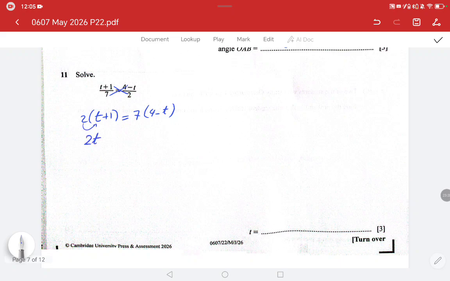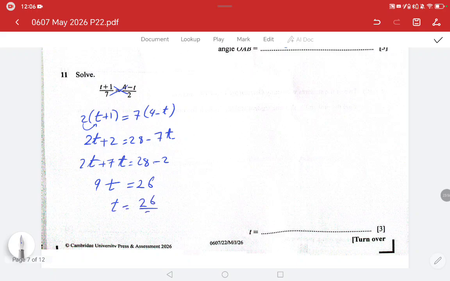First cross multiply, then expansion, and then collecting the like terms on one side. This is 9t, this is 26. So t equals 26 over 9.